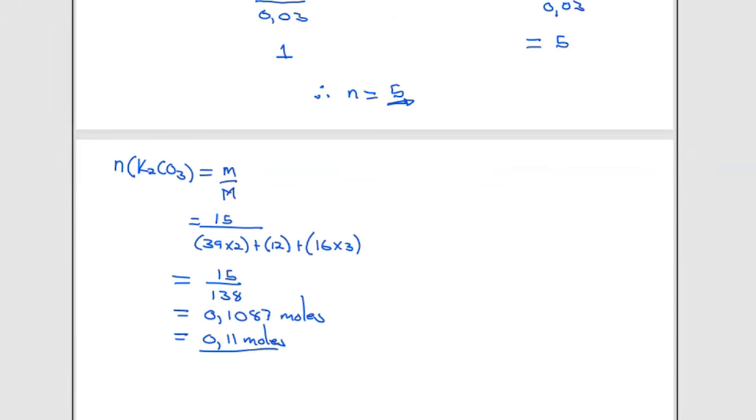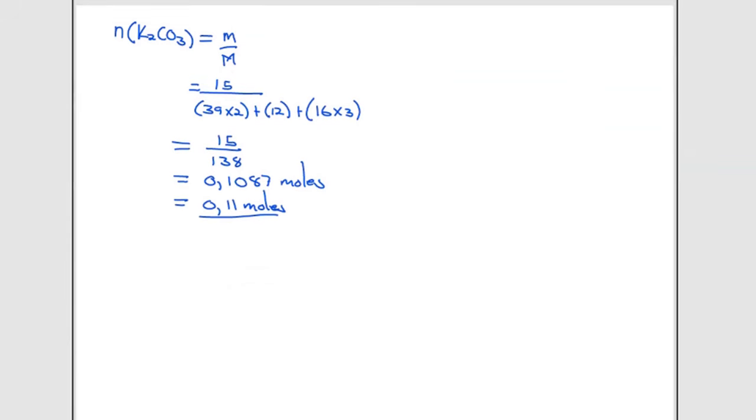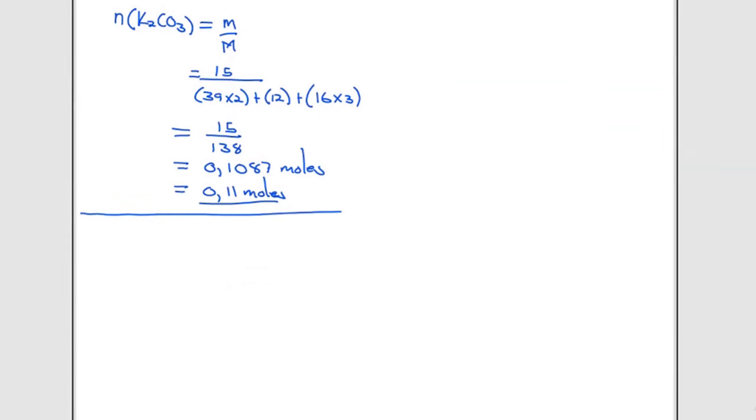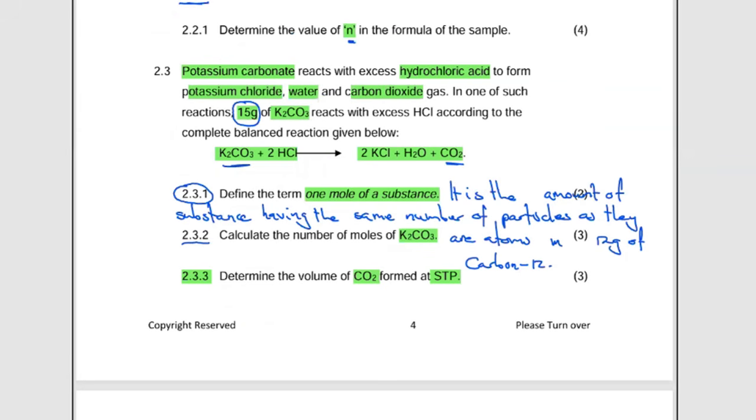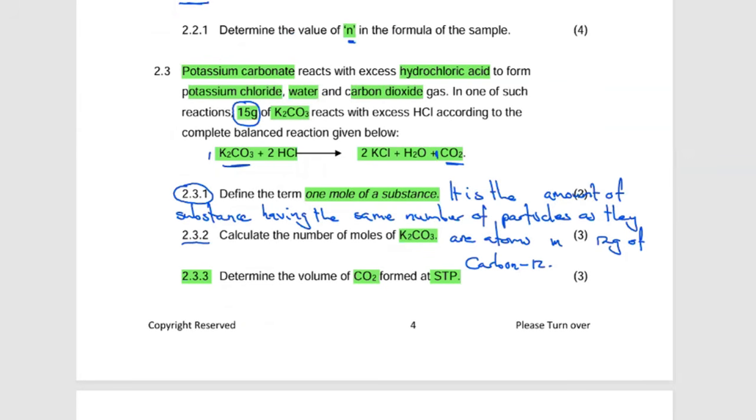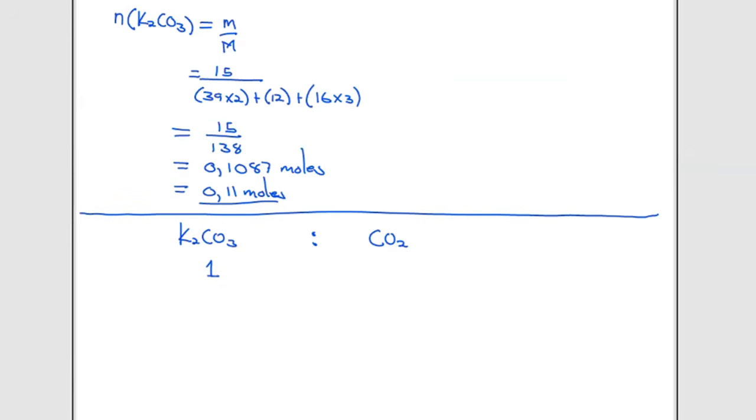So I'm going to say the mole ratio between K2CO3, allow me to underline there, versus our carbon dioxide, CO2. Checking the balanced equation, this is 1:1, right? So the mole ratio in our reaction is 1:1.